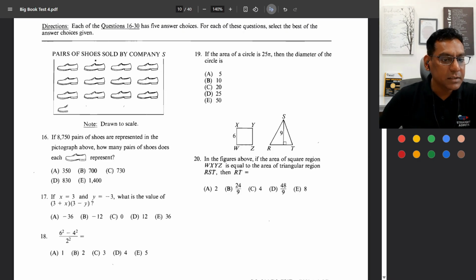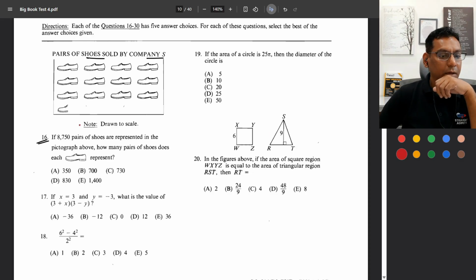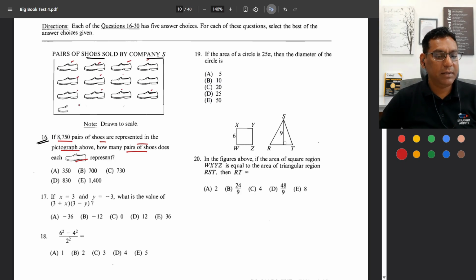Question 16 has shoes sold by some company. If 8750 pairs of shoes are represented in the pictograph above, how many pairs does one shoe represent? So how many shoes do we have? I have 1, 2, 3, 4, 5, 6, 7, 8, 9, 10, 11, 12, and this is half a shoe. So 12.5x, let's say x is every one shoe. 12.5x is equal to 8750.